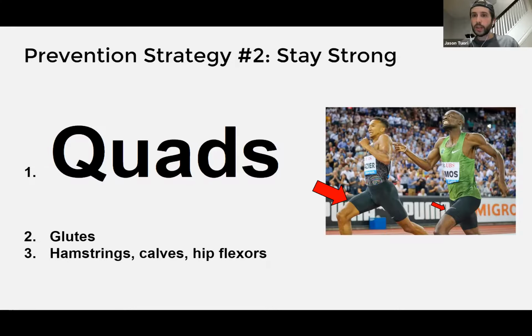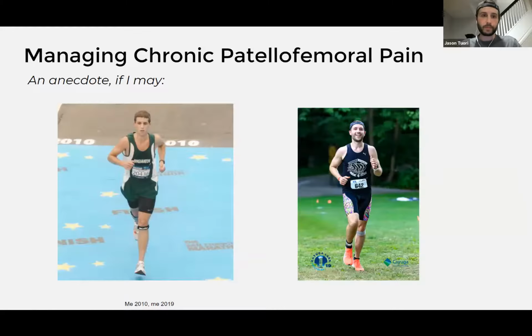So it's a really good middle ground, kind of hard place to start. But again, this is going to be individualized too, because everybody's coming from a different background. But what we would say from a prevention strategy standpoint is keep strong quads. Everything else kind of comes secondary to that for the purposes of patellofemoral pain.